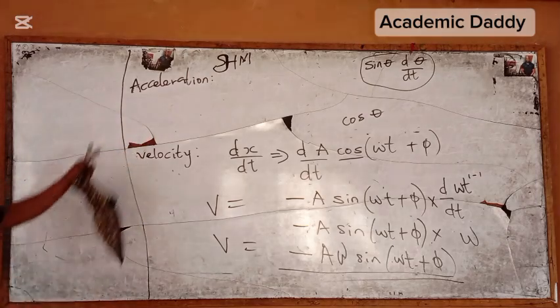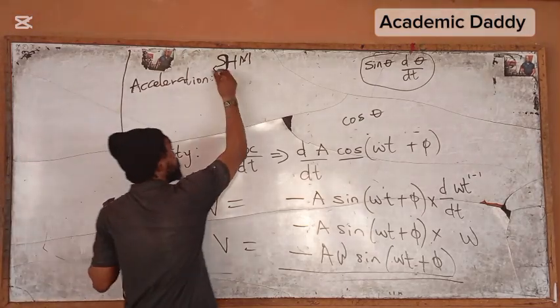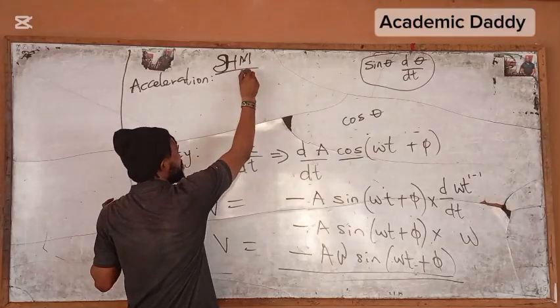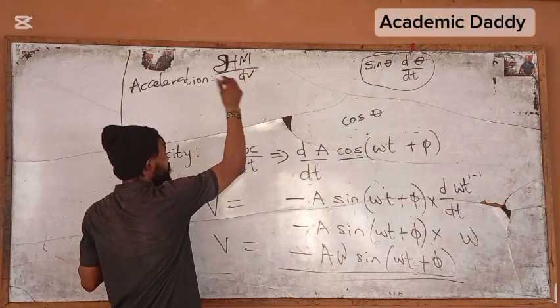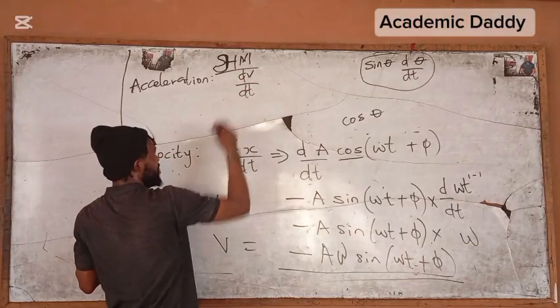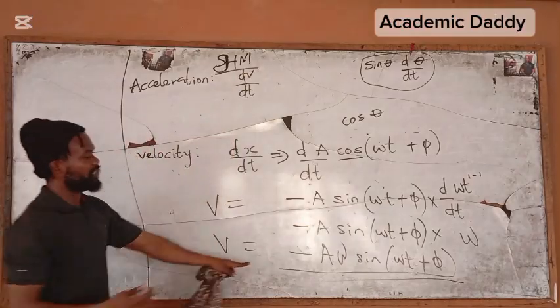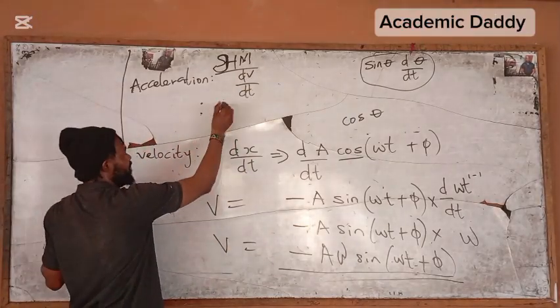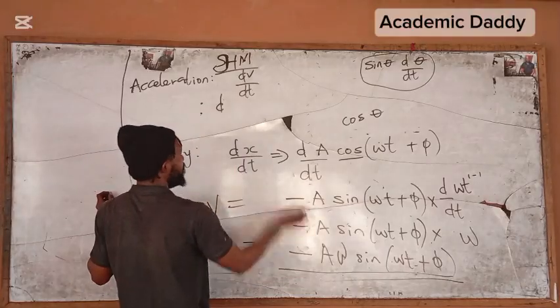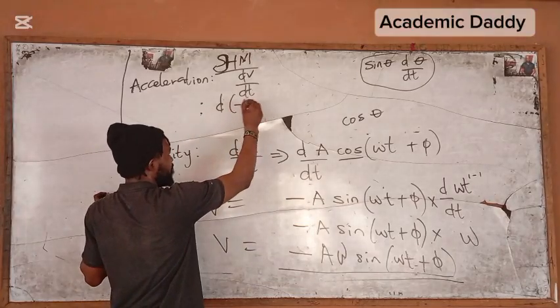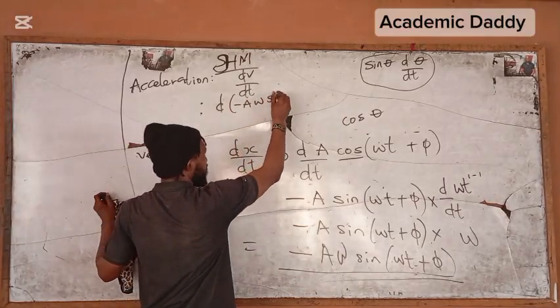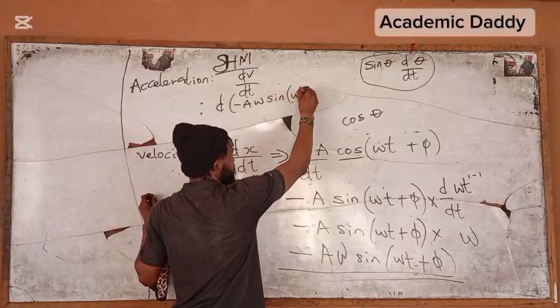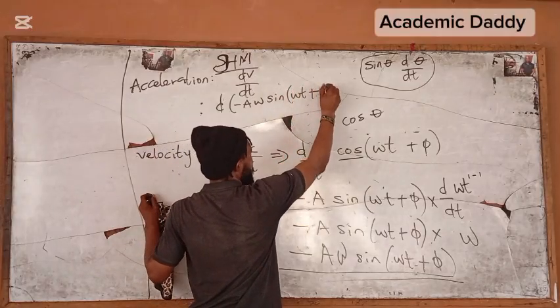Very important. If I have this acceleration, we know that acceleration is the same thing as change in velocity with respect to time. Now carry the velocity and replace it here, so that this is the change in minus AW sine(angular frequency t plus phase angle).